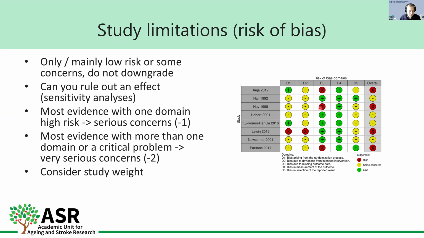On the other hand, it might be the other way around. It might be that the larger studies are the ones for which we have less concern, only some concerns, and that the studies that are at high risk of bias are contributing relatively little to the meta-analysis, and therefore to what the pooled estimate is. So we might then decide that we don't need to downgrade.